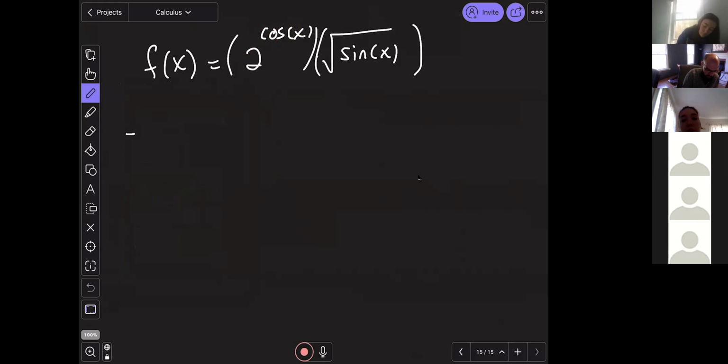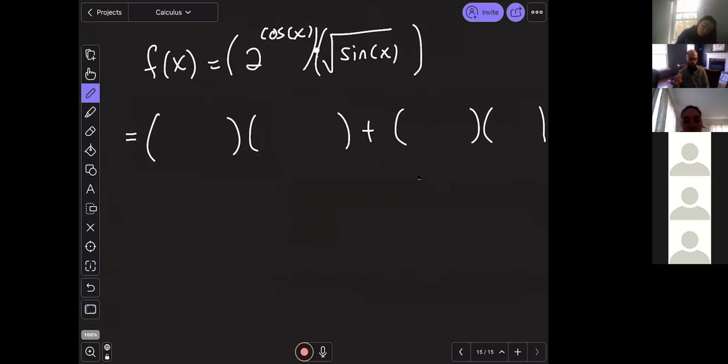When I set this up, the first thing I'm going to do is take the derivative with this as the product. I like to set up my framework.